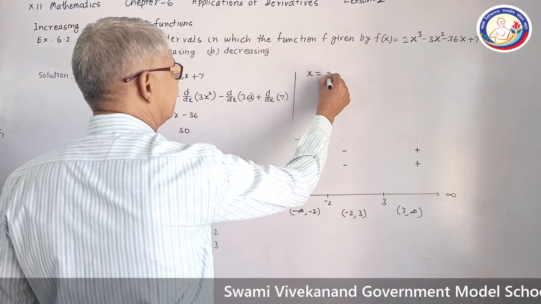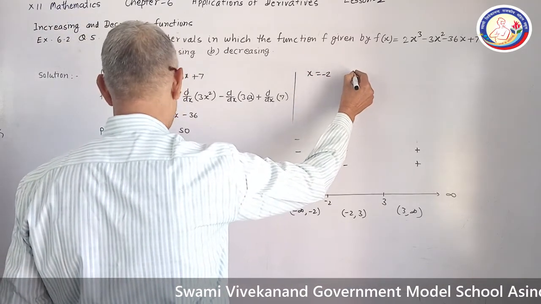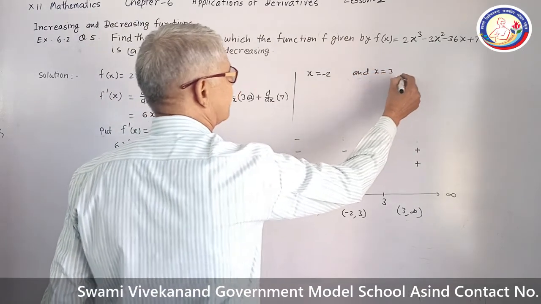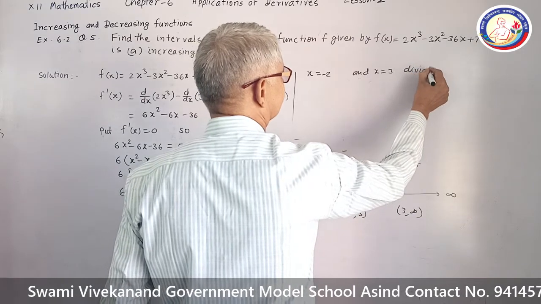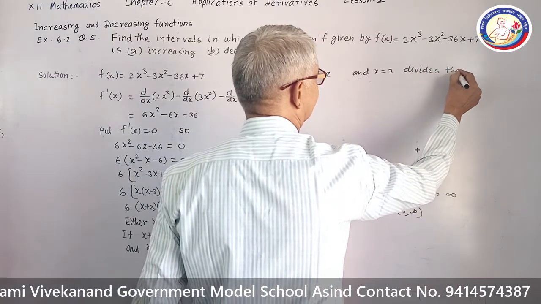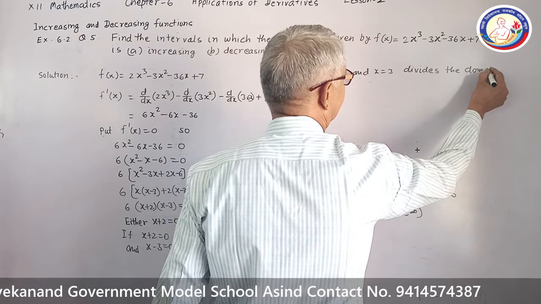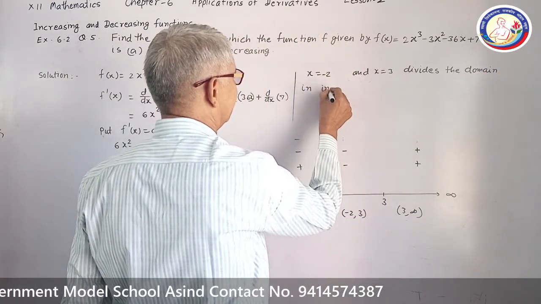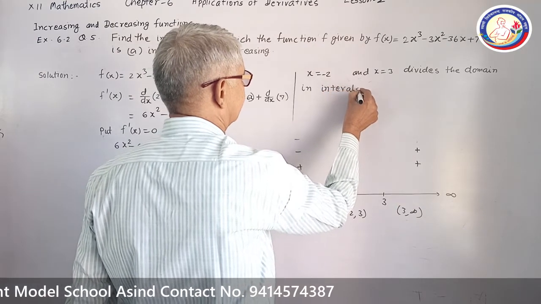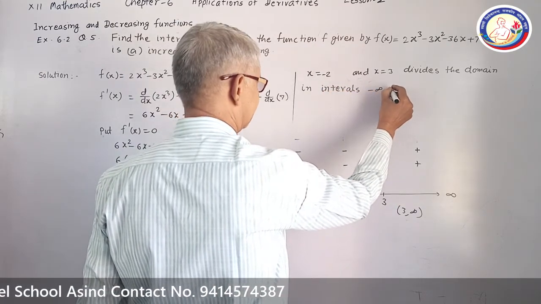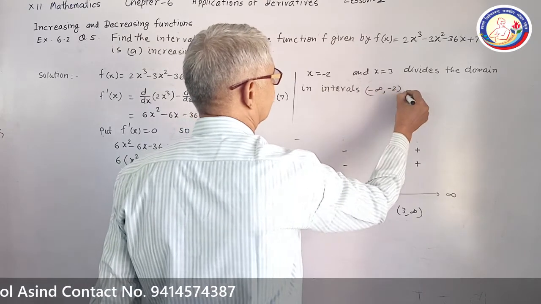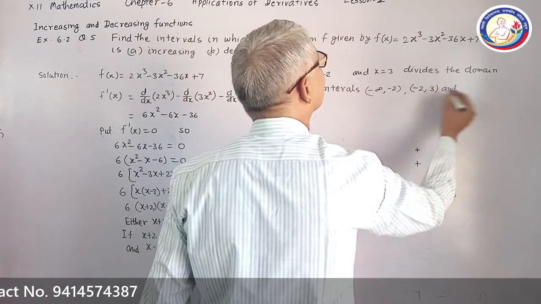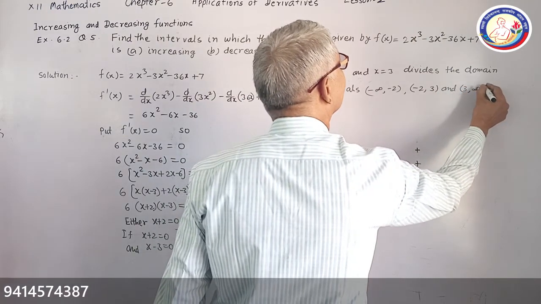So x equal to minus 2 and 3 divides the domain in intervals minus infinity to minus 2, minus 2 to 3 and 3 to infinity here.